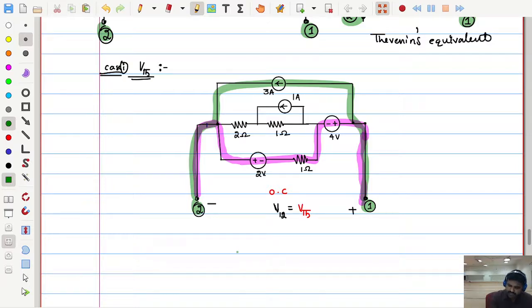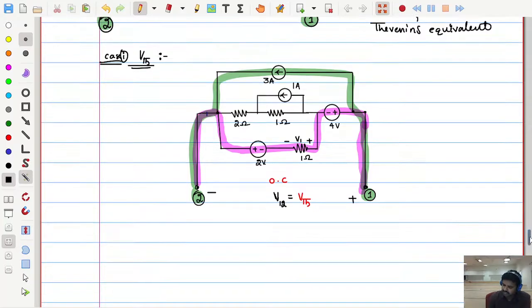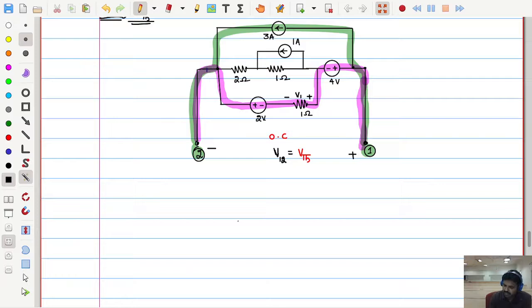Just for the sake of writing this equation, I will put some voltage over here, something like plus minus V1. Later I will find how much that V1 is. Now from 1 to 2, the voltage VTH is equal to, can you write up all the voltages which you come across in this journey?